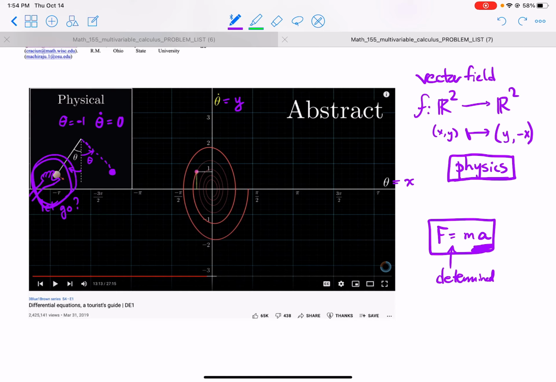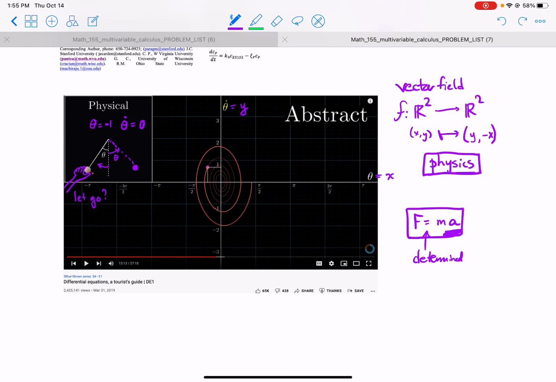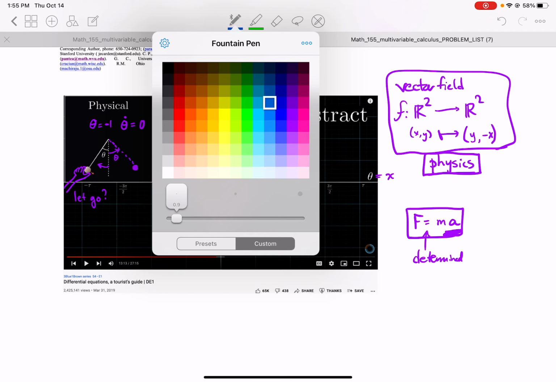So if I let it go right here, gravity would be pulling down, and that would make it swing in this direction. Okay? Now, this is the basic idea, is that you need to know positions and velocities, but then accelerations are already determined.